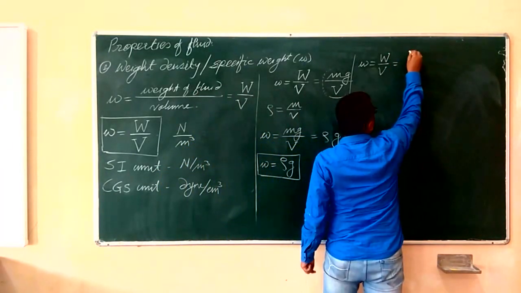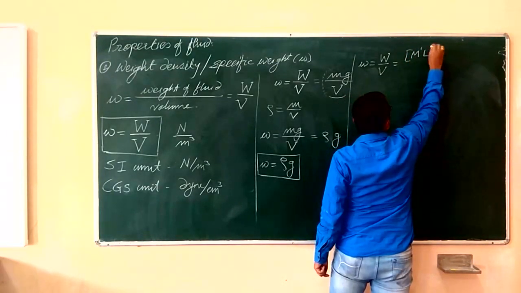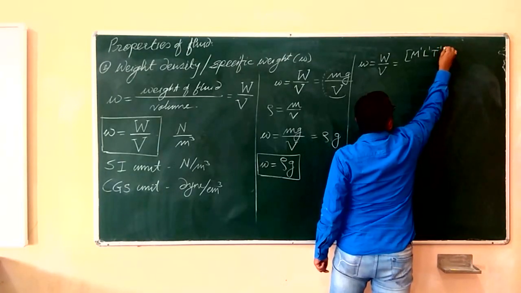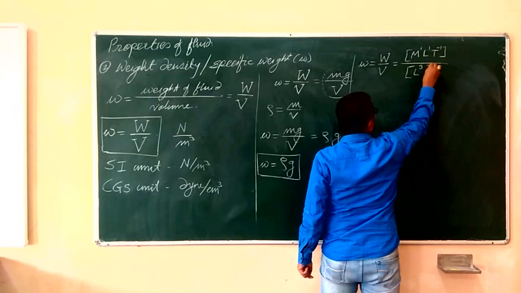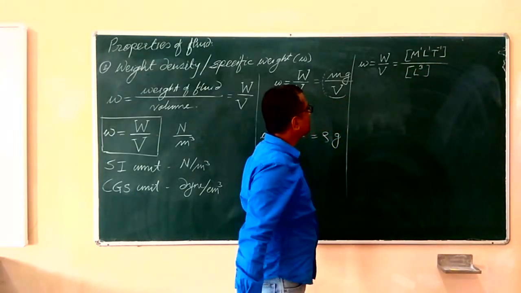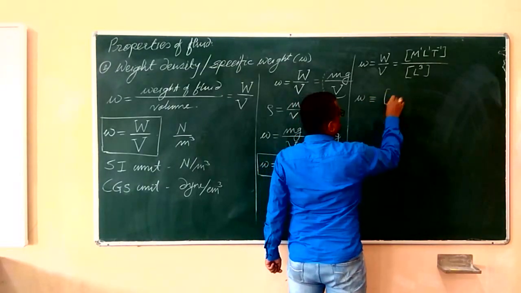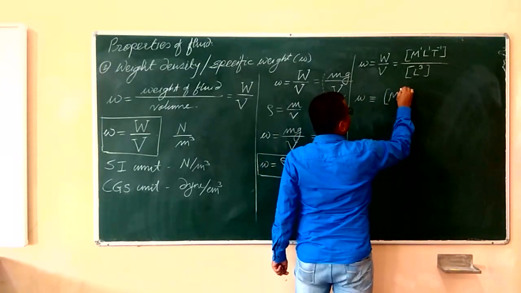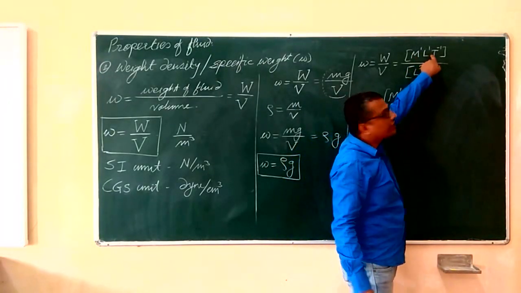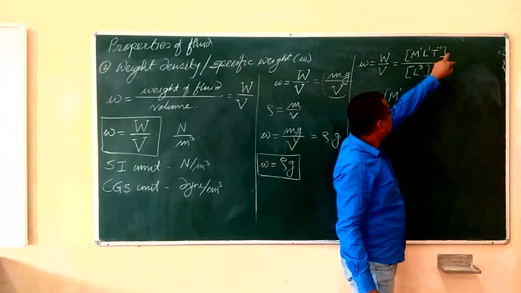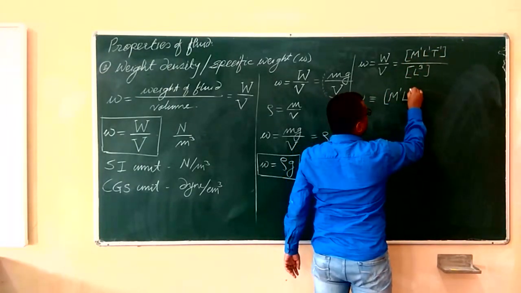The weight is nothing but the force, and the force has the dimensions M1 L1 T to the power minus 1 divided by the volume has the dimensions L3, right? So finally, I'll have the specific weight with dimensions M to the power 1 remaining as it is. When L to the power 3 goes into the numerator, it will become L to the power minus 3, and perhaps I would like to write it again over here, one more step I would like to add.